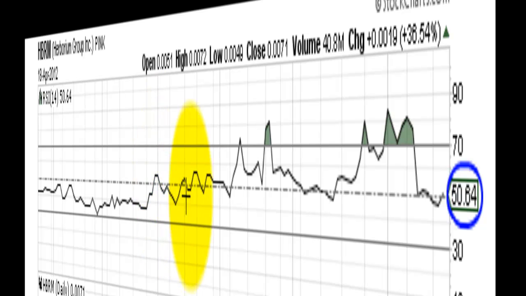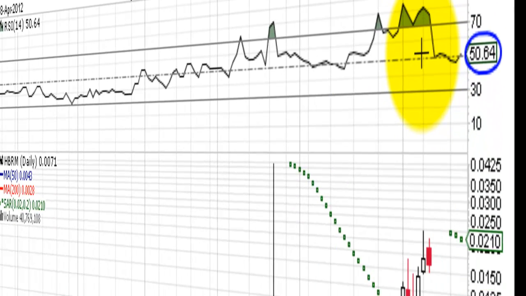It got up there, held that 50 pretty steady, got up to the power zone, consolidated a little bit, ran back up to that power zone, consolidated again, and went back up to that power zone, came back down, just like a routine here in my opinion. Is exactly what I'm seeing. Went up to this power zone, came back down, and consolidated a little bit, and we can see that right here again with the 50.64.